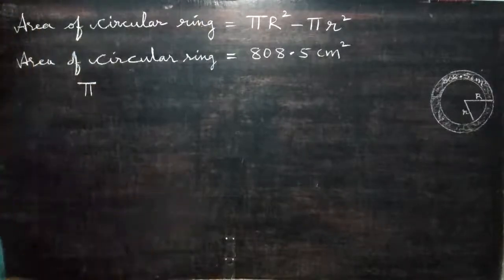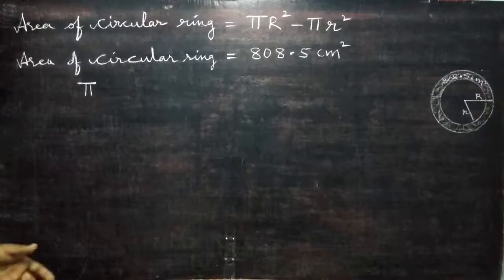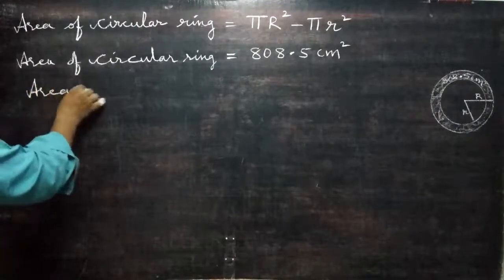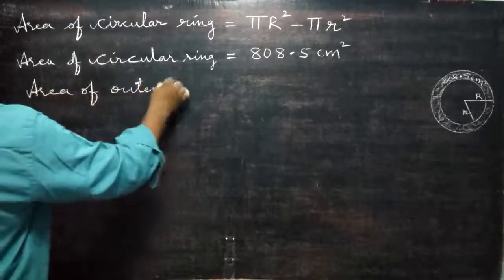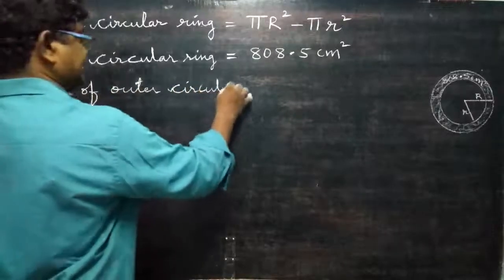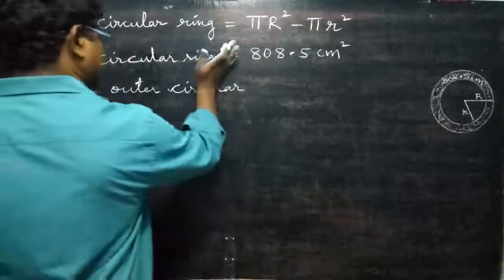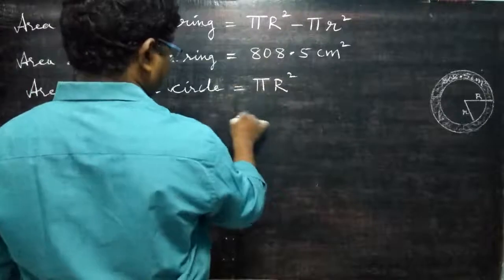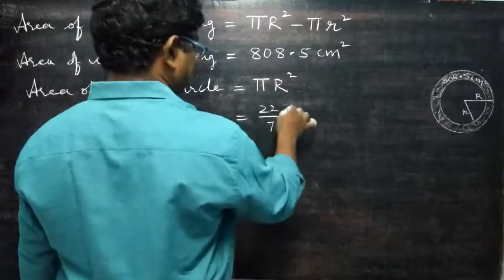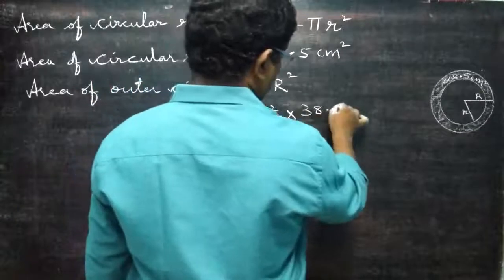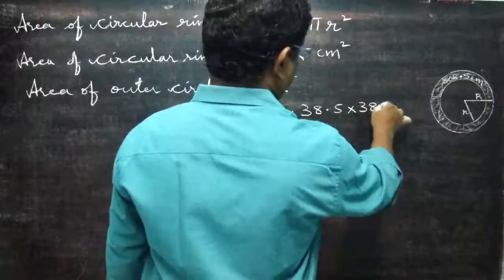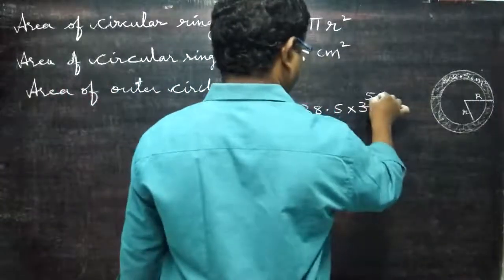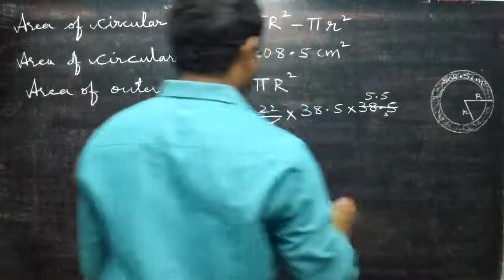Now before doing this one, we have to find area. We have to find first area of outer circle, because we got radius. Area of outer circle is equal to pi capital R square is equal to, pi means 22 by 7 into 38.5 into 38.5. 7 table. 7 5s are 35, decimal 3 remaining, again 7 5s are 35.